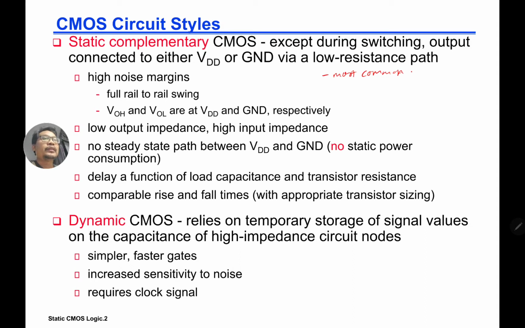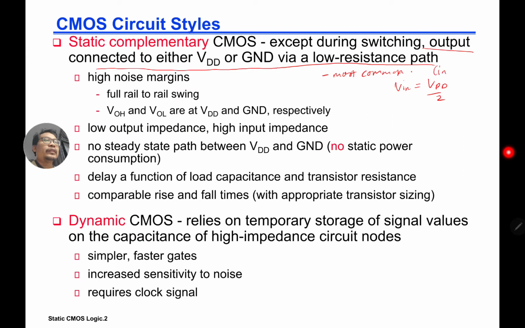So static CMOS here means that the output is connected to either VDD or ground via a low resistance path. You've seen the inverter before. If you still remember the inverter, the NMOS and PMOS can be switched on at the same time, where both are in saturation when Vin is VDD over 2.